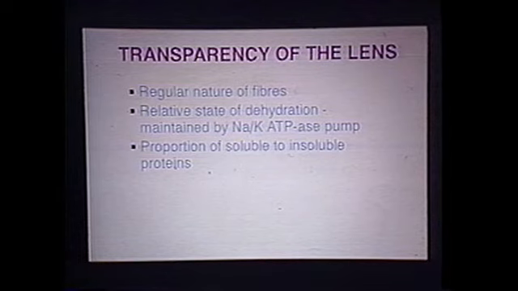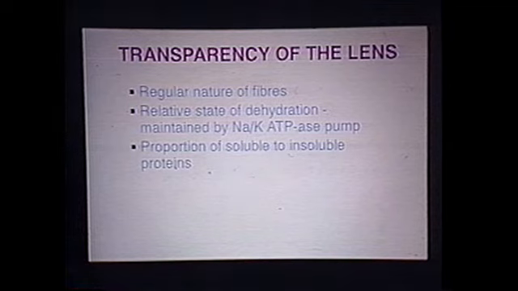The second thing is that the lens is relatively dehydrated, and as is the case with the cornea, this dehydration is brought about by a sodium-potassium pump, which pumps water out of the lens to provide a transparent structure.